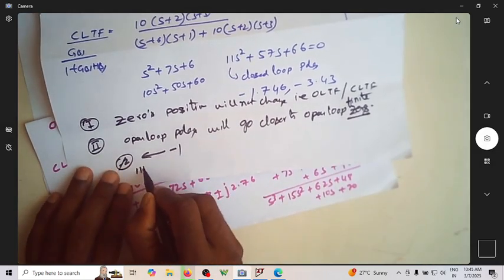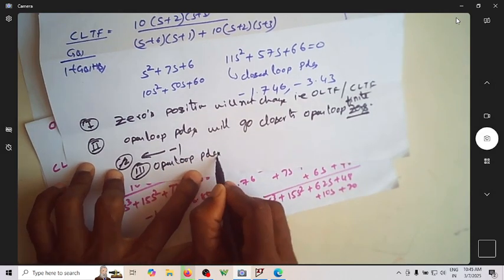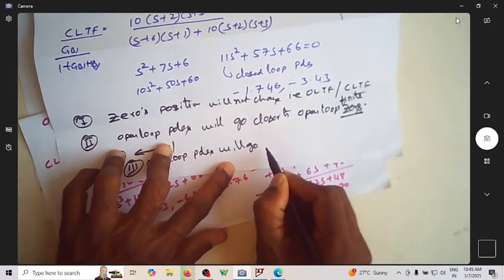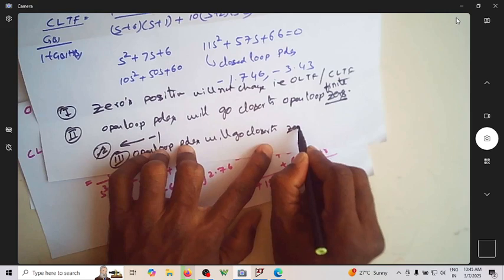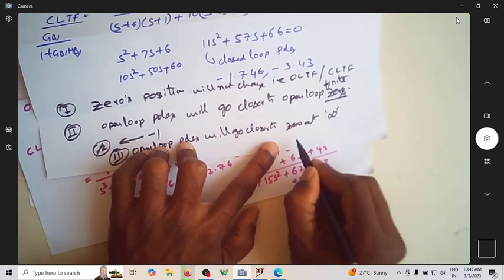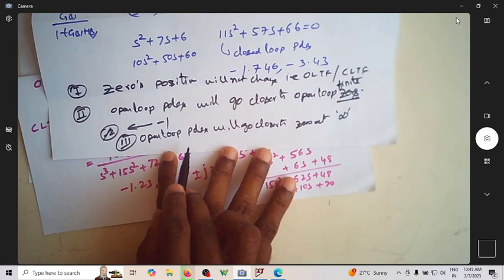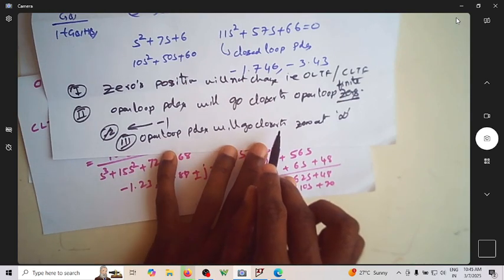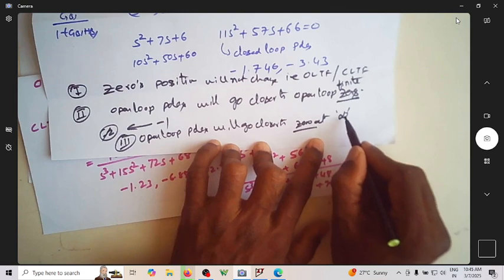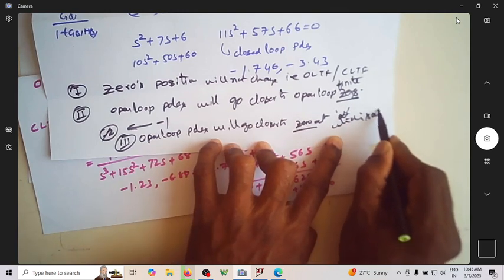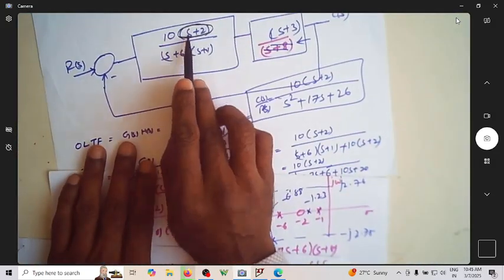Otherwise, open loop poles will go closer to a 0 at infinity. So these are all happening upon closure of the loop. An open loop pole will go closer to a 0 which is at infinity.